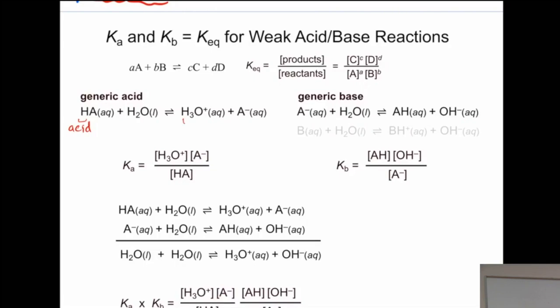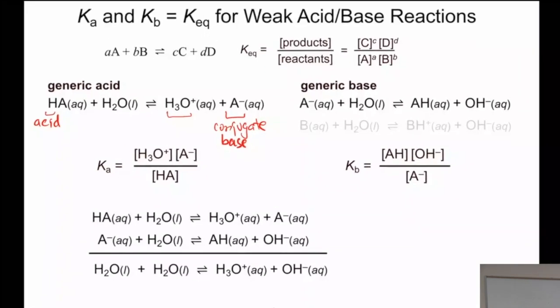We have the hydronium ion, and then whatever's left over from that acid, A minus. It was A, but what left was H plus. So all that's left is A minus. We're going to call this the conjugate base of the acid.